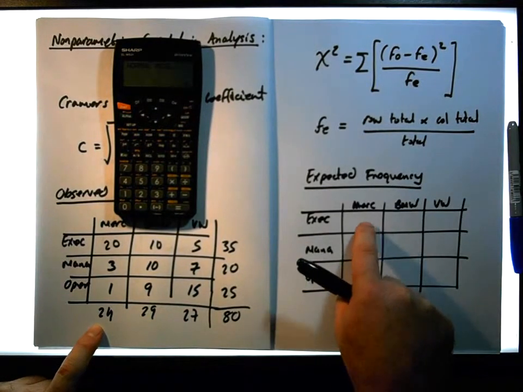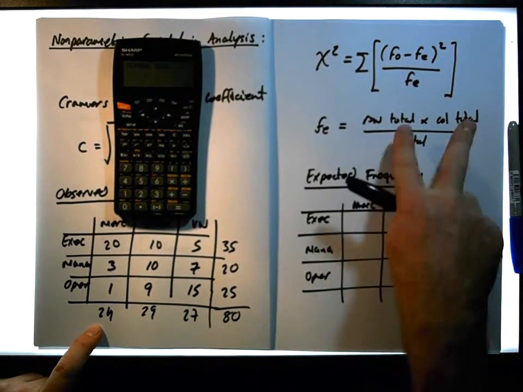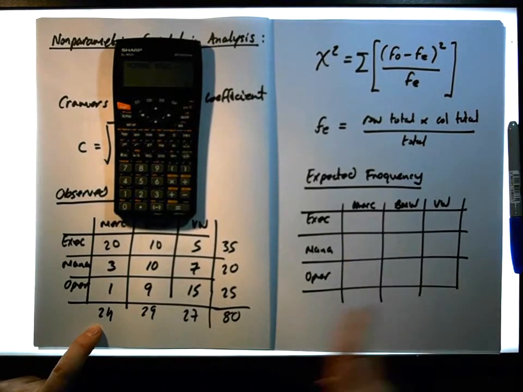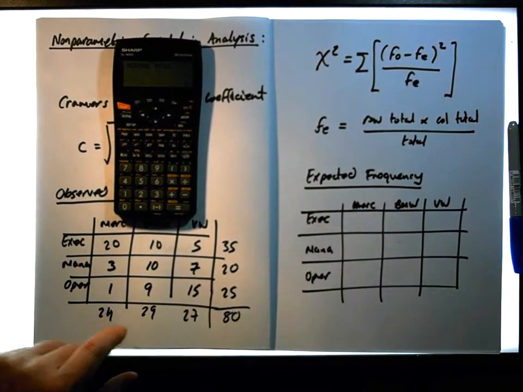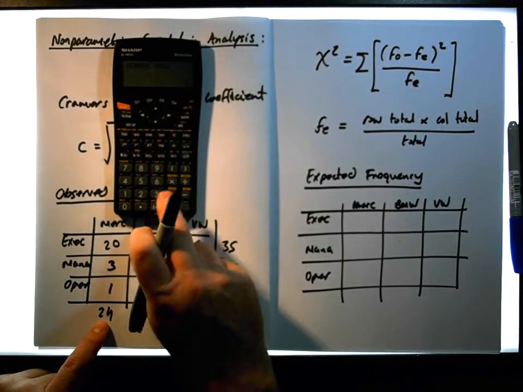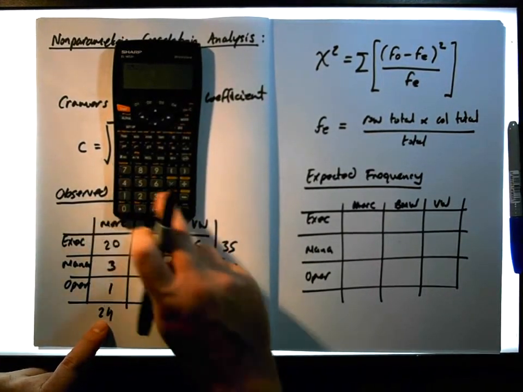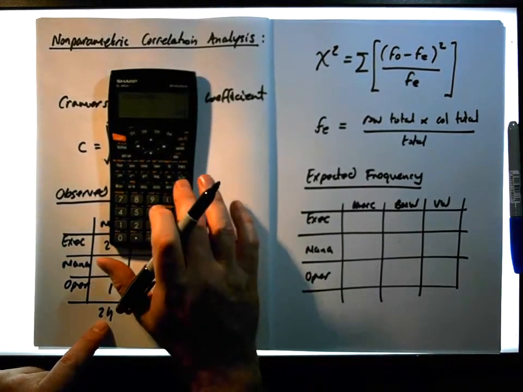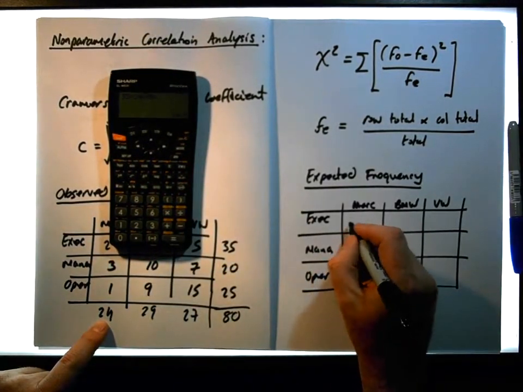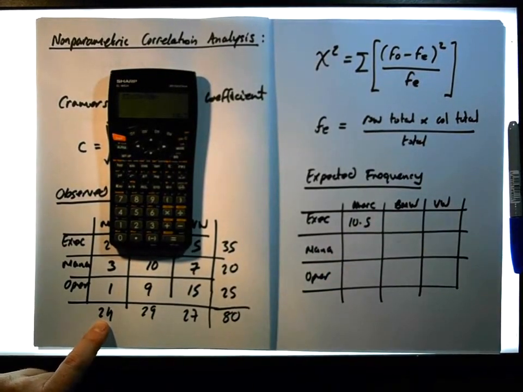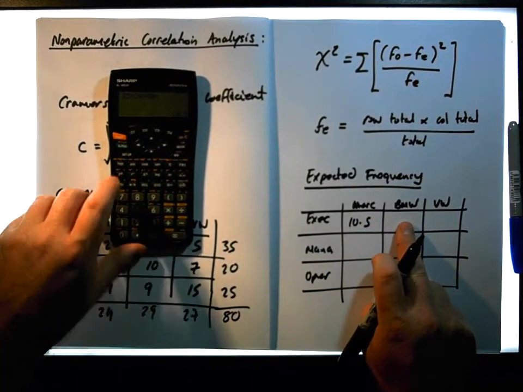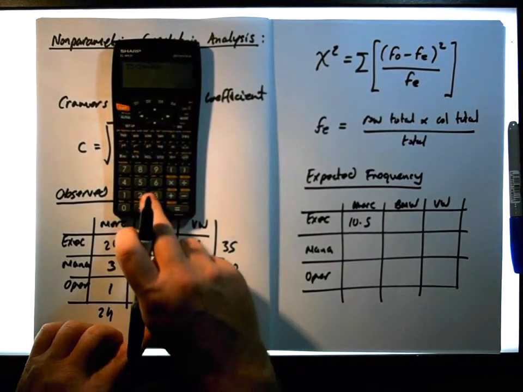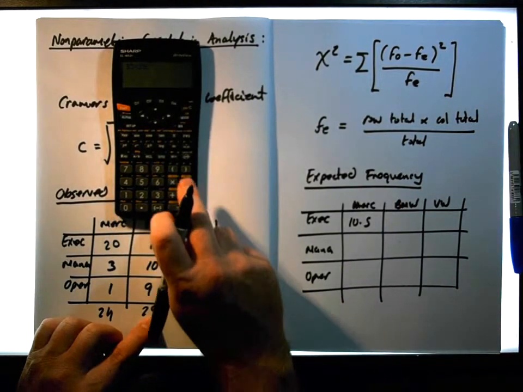So you can see that each expected frequency is the product of the row total times the column total, divided by the total number of observations. So 35 times 24 divided by 80 gives us an expected frequency. We would expect to observe 10.5 observations in there. In relation to BMW, that's on the first row, second column, so it's 35 times 29 divided by 80.